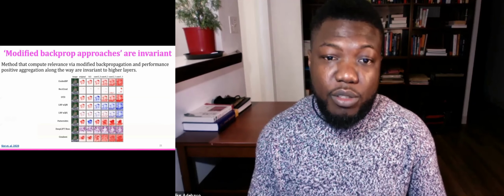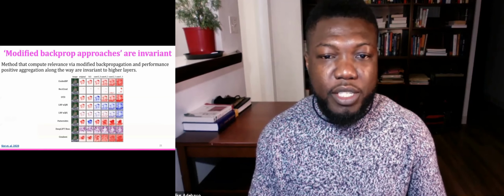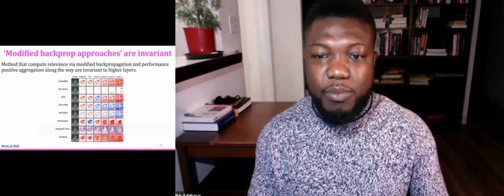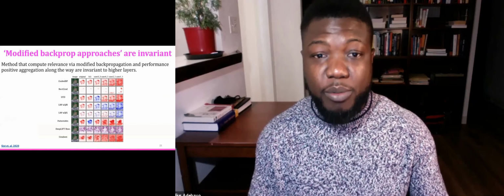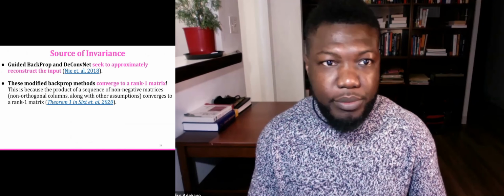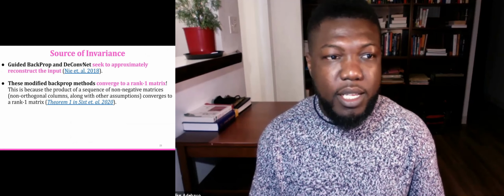And the finding that was recently produced by Sixt et al. in an ICML paper earlier this year was that the behavior of this class of methods is similar to that of guided backprop, in the sense that they are invariant to higher level weights of a model. The source of this invariance has also been studied.